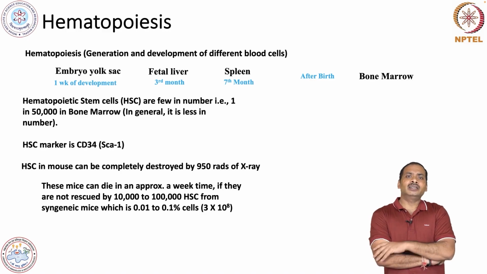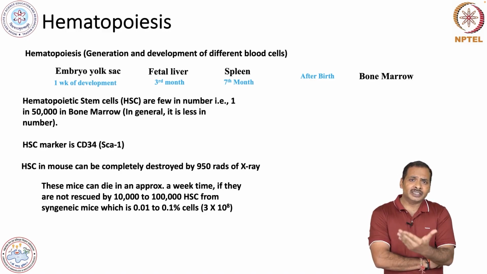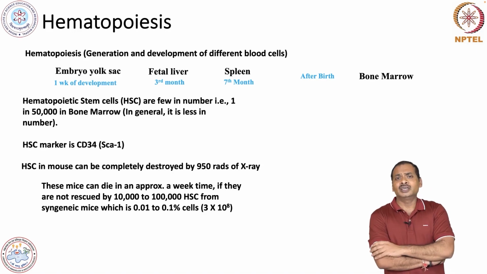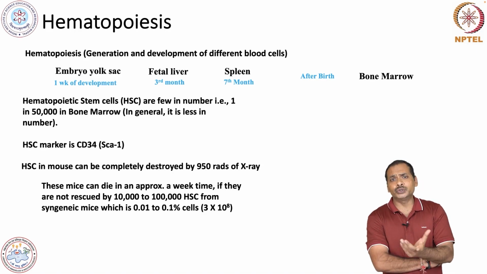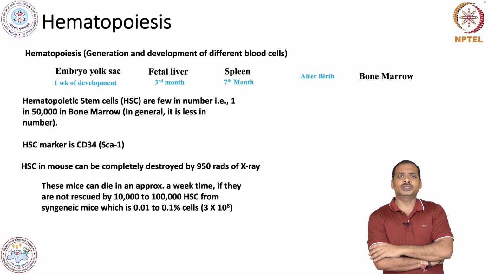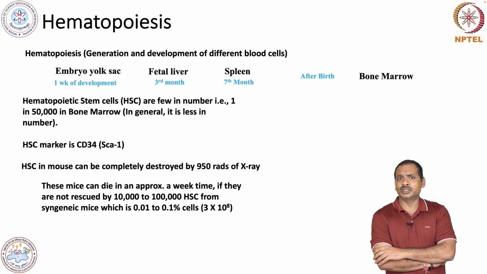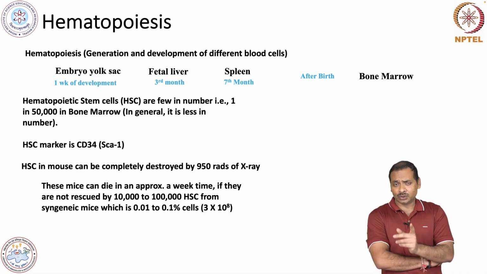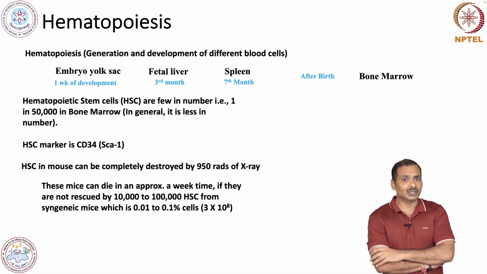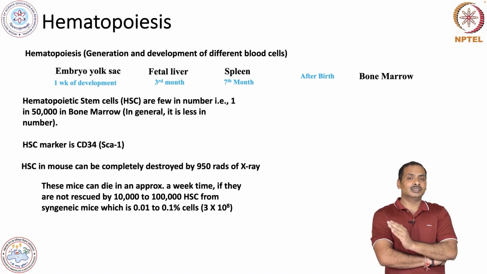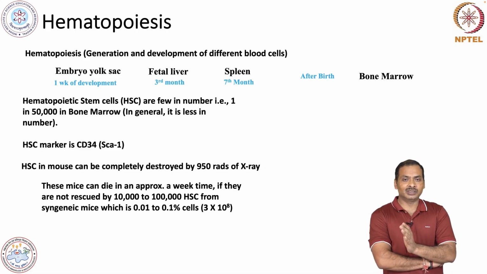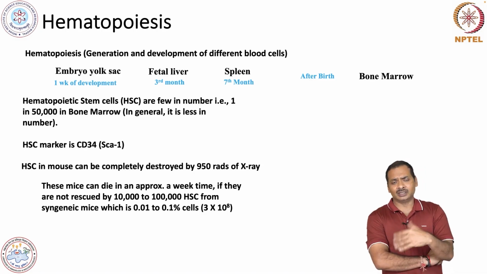Okay. And if you irradiate these mice with X-ray, and then infuse these mice with say 10,000 or 1 lakh of these hematopoietic stem cells, please note these stem cells should be derived from syngeneic mice. There is a very big difference between syngeneic mice and other mice.